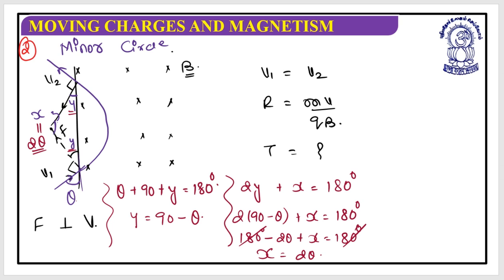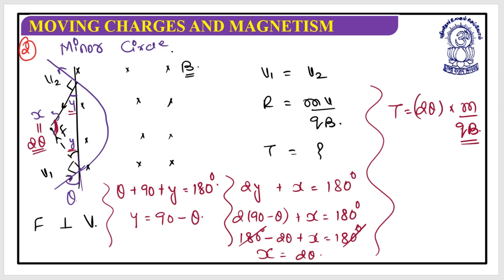So I could understand that for this 2 theta angle, my charged particle was within the magnetic field. That means the time period should be equal to 2 theta multiplied by m divided by qB. Please remember this, this is very essential.